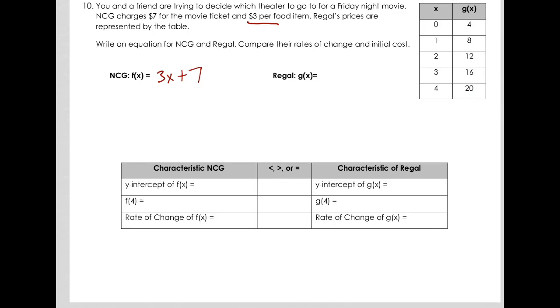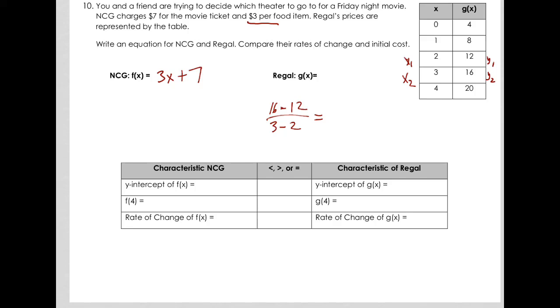But if we couldn't see that, we would say, all right, well, this is x1, this is x2, which would mean this is y2, this is y1, and we could start doing some math, right? We could say y2 minus y1 is 16 minus 12 over 3 minus 2.